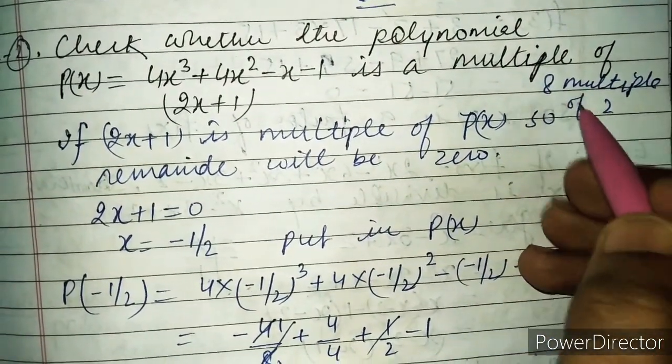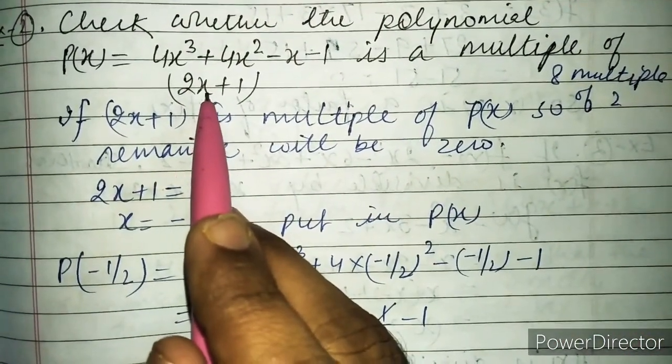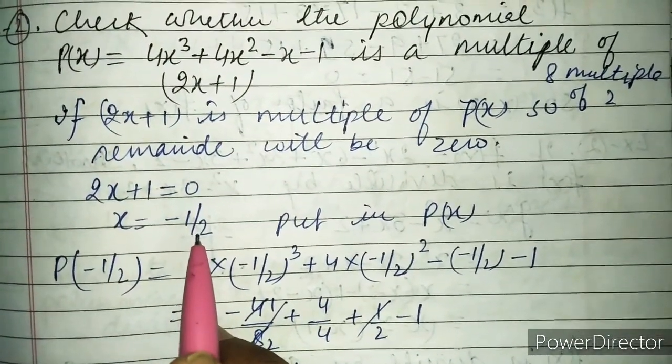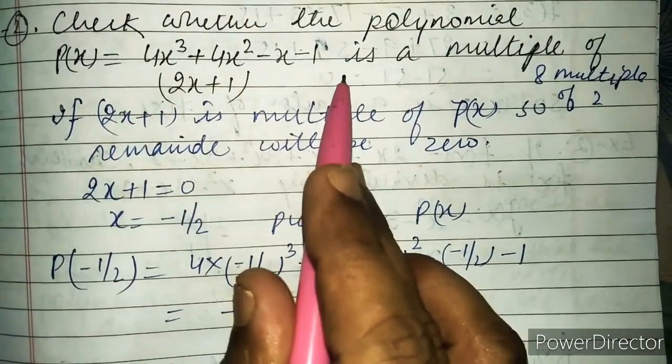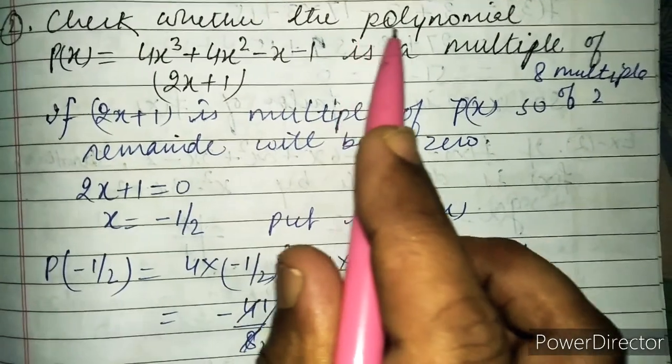It means the remainder will become 0, right? So when we make 2x plus 1 equal to 0, x equals minus 1 upon 2, right? When we put minus 1 upon 2 in the given polynomial, the whole polynomial will become 0. It means the remainder is 0.